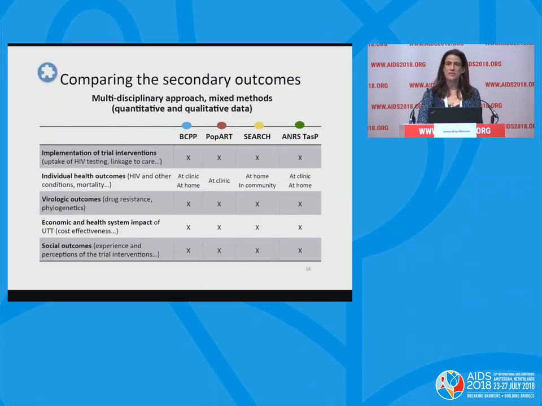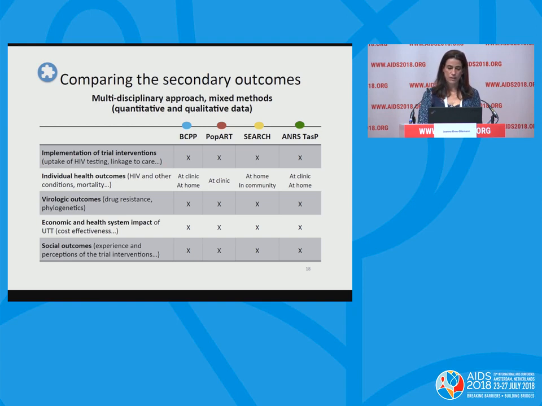One of the strengths of these 4 trials has been the fact that they adopted a multidisciplinary approach in understanding really the implementation of universal test and treat, and implemented several ancillary studies alongside the HIV incidence evaluation.